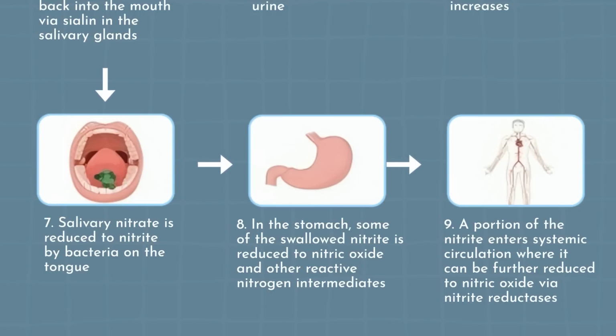Some other nitrates will also enter the systemic circulation. They can also be reduced to nitric oxide using certain specific enzymes. But the main part of the production of nitric oxide comes from the reduction of these nitrates into nitrites mediated by the oral microbiome. What I just mentioned implies that it's very important not only to chew your foods, but to have very good efficiency in the production of stomach acid.